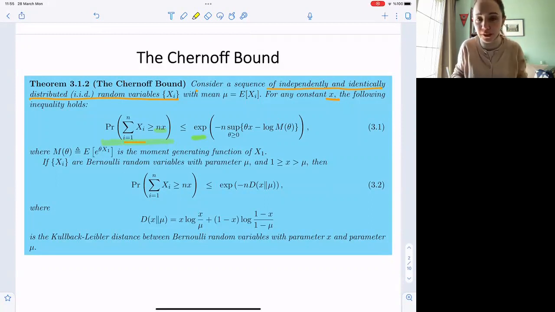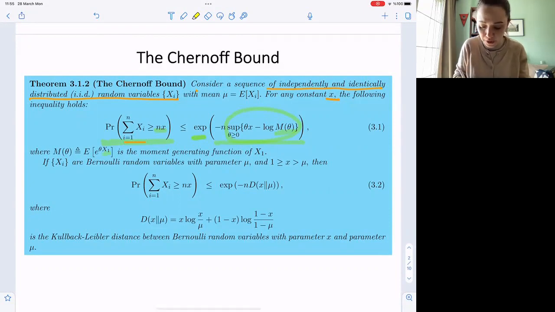In the exponent, we have negative n times the supremum of this thing, which looks kind of ugly, but let's try to see what it is. It says, I have a parameter theta, which is the parameter of the moment generating function. You remember moment generating functions from your probability courses.